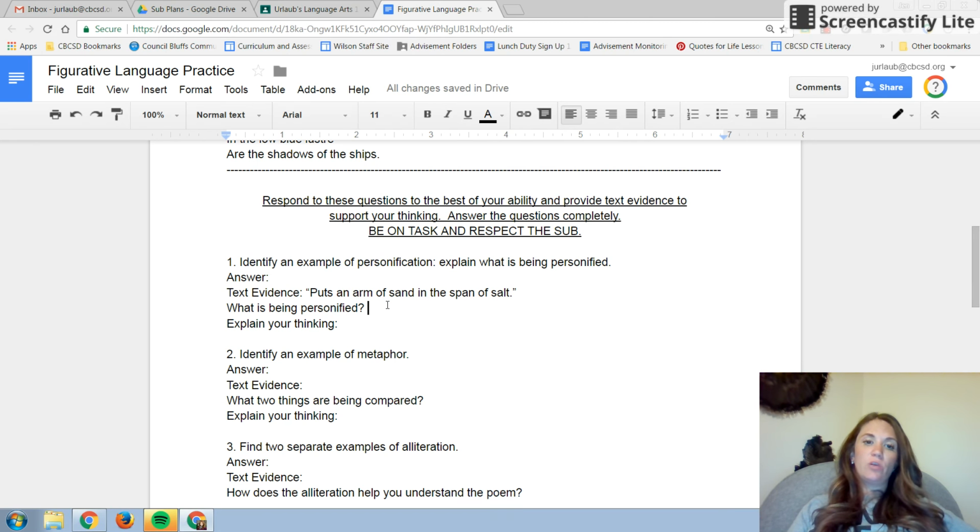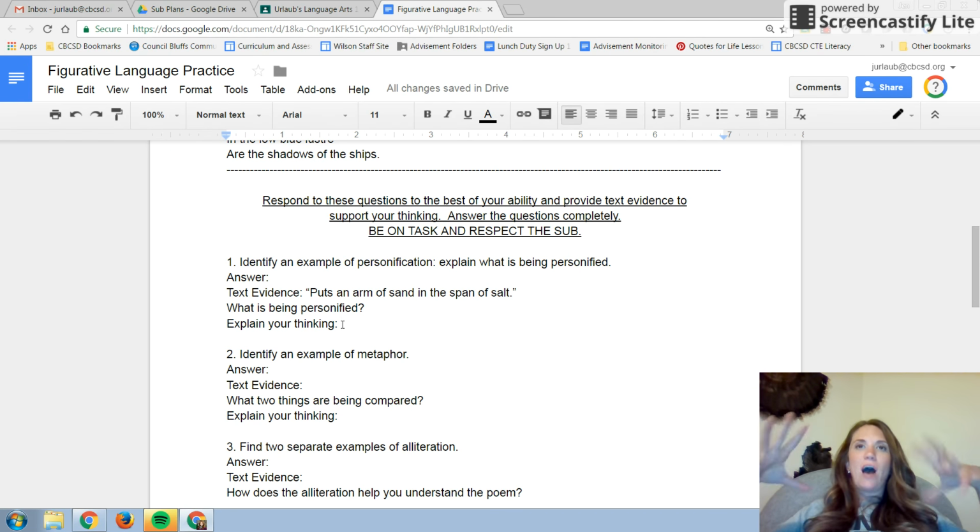Your answer and what's being personified might be very similar, those two questions, and then explain your thinking. And again, explaining your thinking just tells me basically how does that personification add to the meaning of the poem, and what the author is trying to convey in the meaning of the poem. So the figurative language, how does it contribute to the overall meaning of the poem?